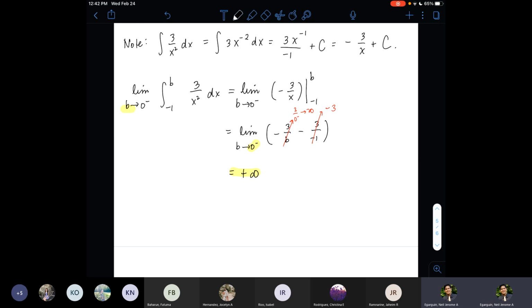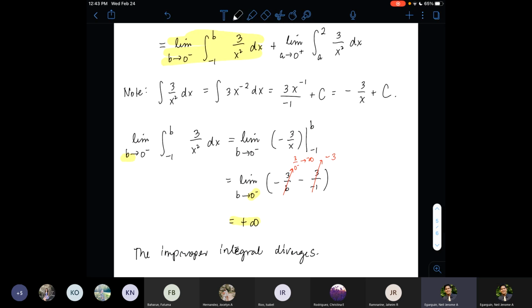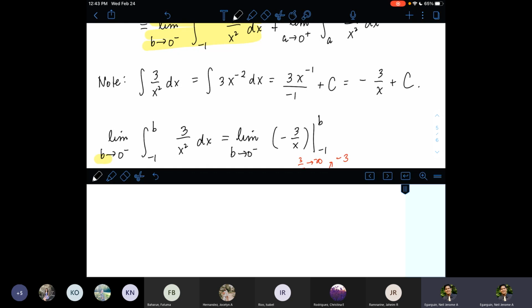So I can simply say here, the improper integral diverges. Because one of the two pieces diverges, it will definitely diverge. Lucky us, because we don't need to compute two limits over here.